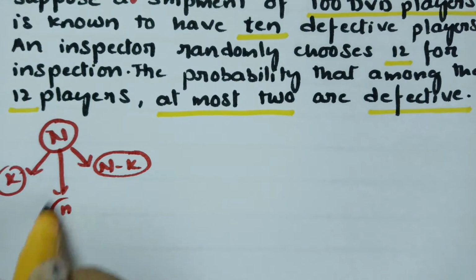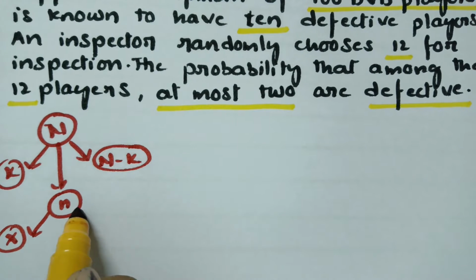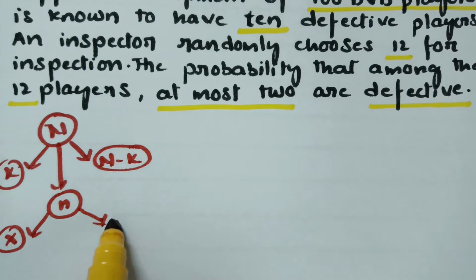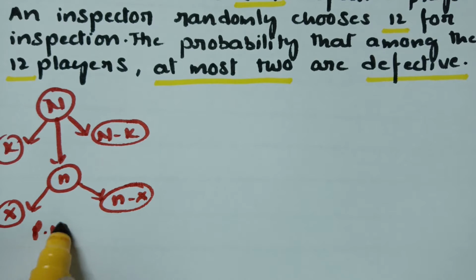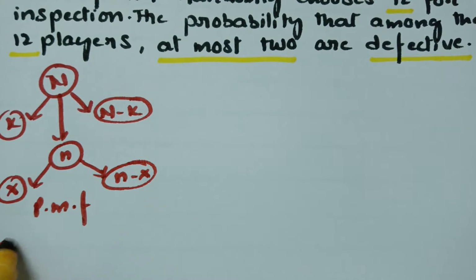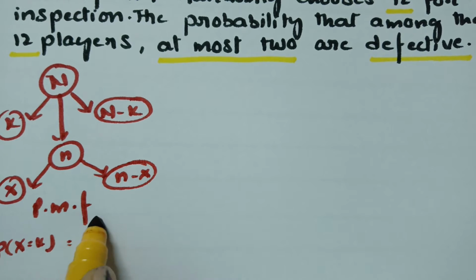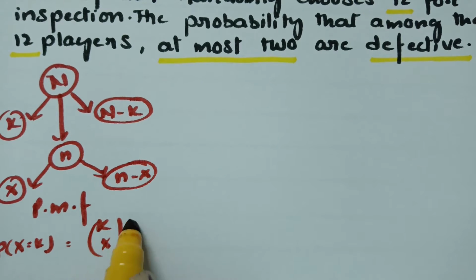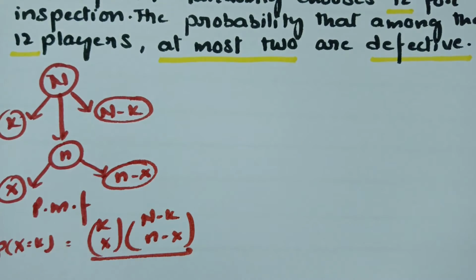If small n is the sample size, and x is the number chosen, then this is n minus x. Now the probability mass function can be written as probability of x is equal to KCx times N minus K C n minus x, divided by NCn.